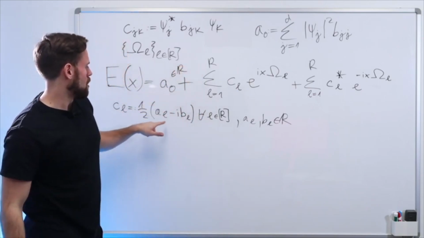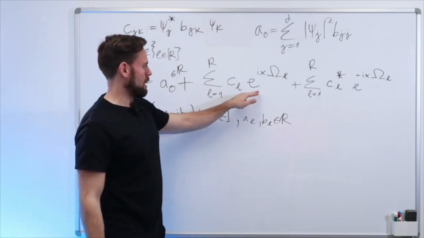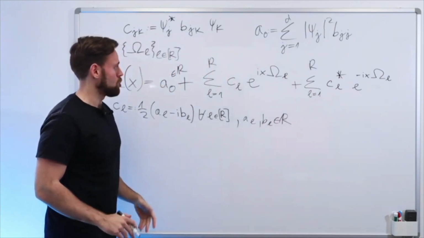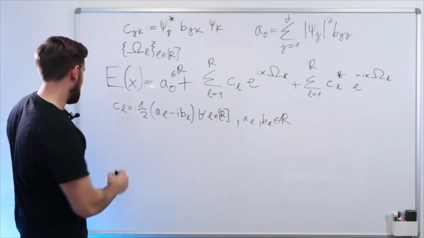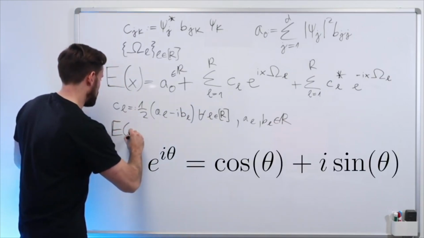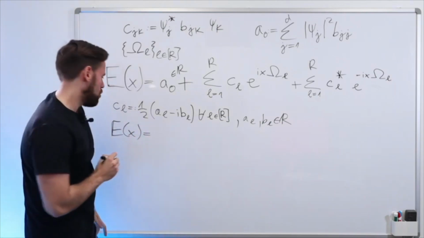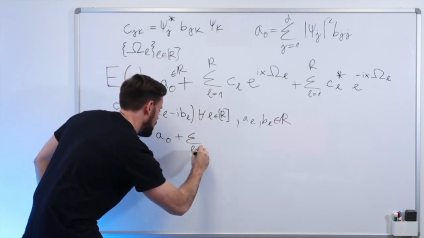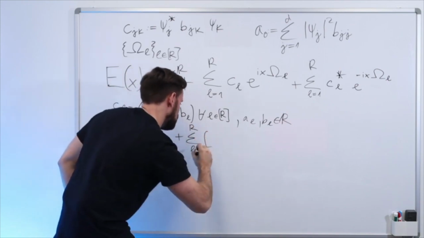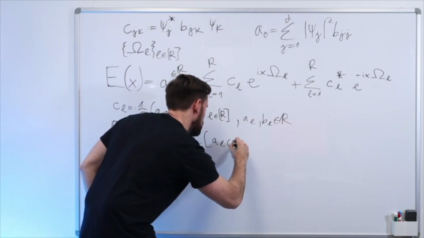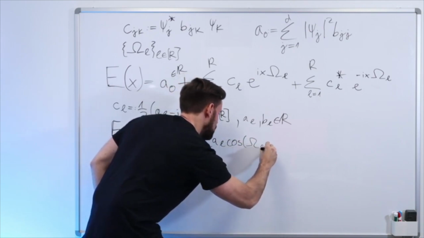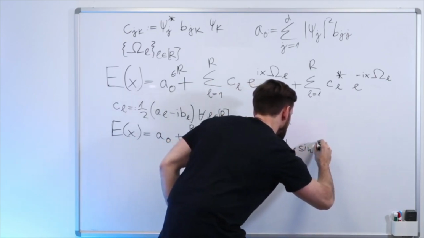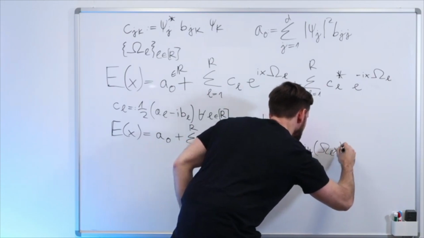Once we have these three types of coefficients, let's also just note once again that the exponentiation terms in this sum can be rewritten in terms of trigonometric functions by using Euler's formula, allowing us to rewrite the expectation value Ex such that it is going to be a sum A0 plus summation where we have L going from 1 to R, sum AL times cosine omega L x plus BL times sine omega L x.